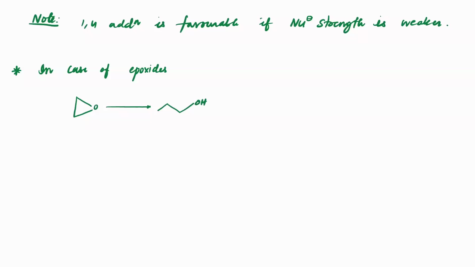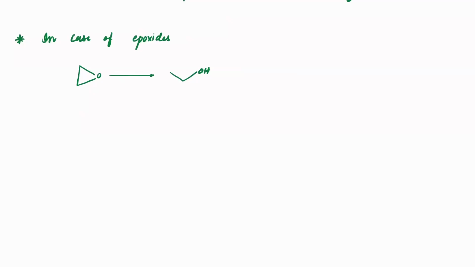So first I'll write on this one, alcohols. This kind of open alcohol here. So I want this H minus to be added. Then which are the best reactants here?